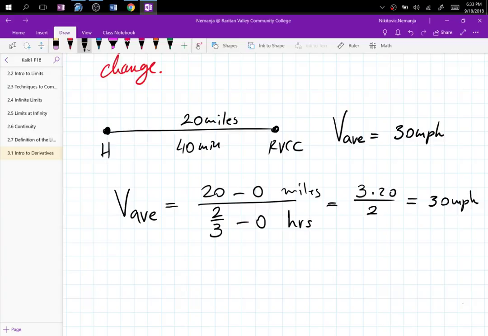Now, your speedometer, that's instantaneous speed. You see, as soon as you touch the gas pedal or the brake, acceleration or deceleration, then your speed immediately changes, right? You're casually driving down 78, you're going 700 miles per hour. That's faster than an airplane, by the way.